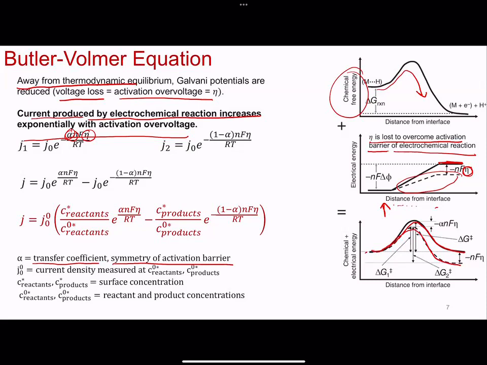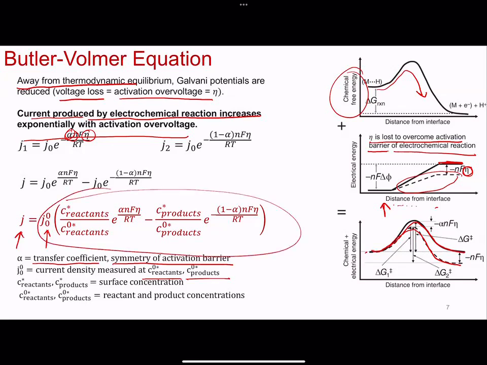We won't be crunching numbers, but I wanted to show you the explicit form of the current density, because you can calculate the current density measured at the initial reactant concentration and the product concentration, but the inefficiencies that I just talked about will scale the real current density that you measure by all of this.